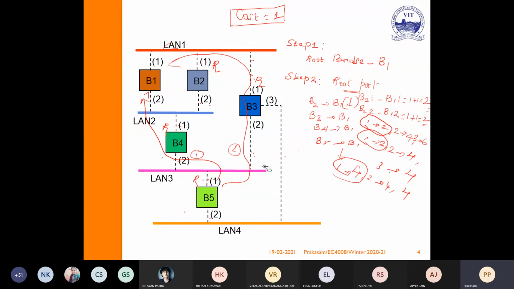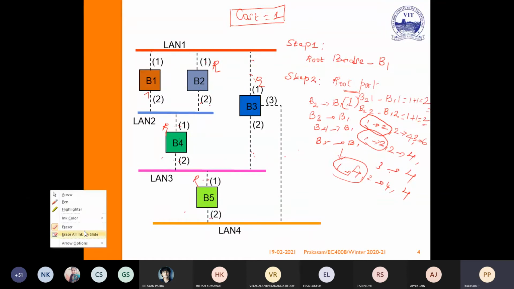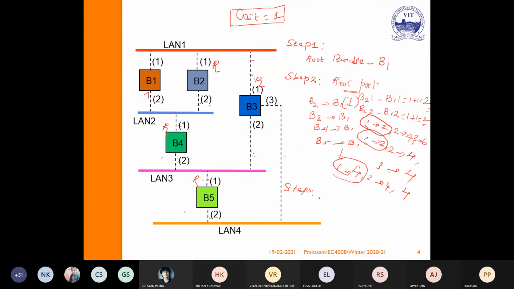So third step, we should find a designated bridge and designated port for each LAN. Step 3, find the designated bridge and port for each LAN.